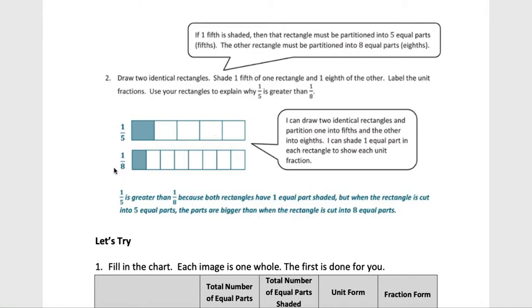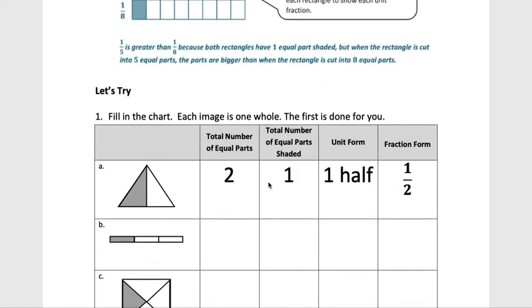Think about it as when we talk about candy bars. Remember, if we have 2 candy bars and you're breaking one apart between 5 friends versus breaking one apart for 8 friends, which part is going to be bigger? It would be if you were sharing it with 5 friends.